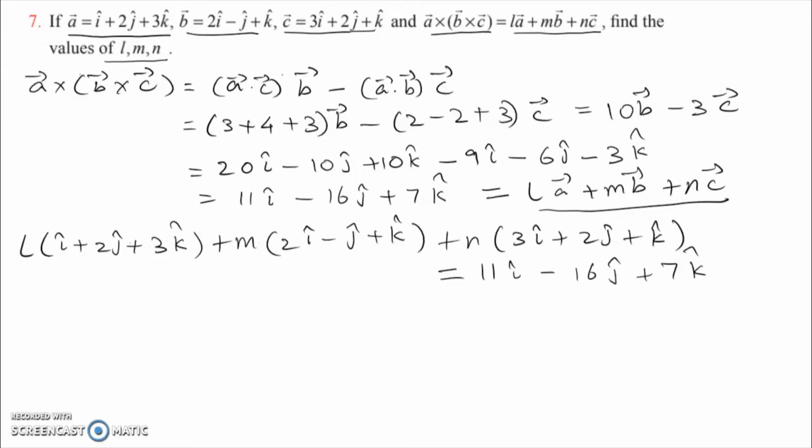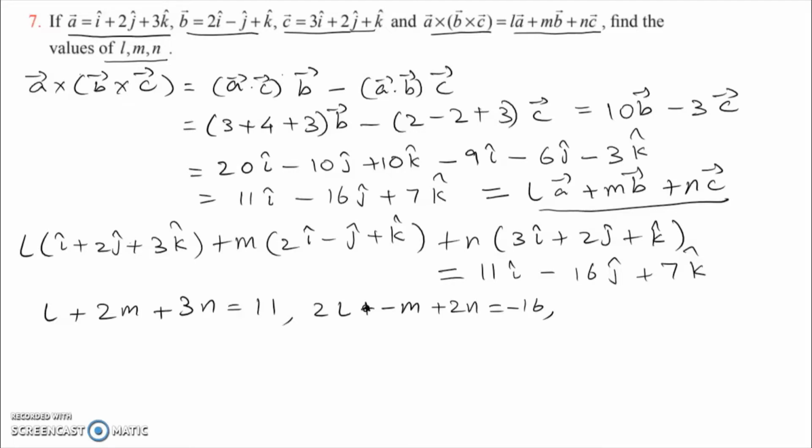So we can say that taking the coefficients of I from this equation, L plus 2m plus 3n is equal to 11. Similarly, taking the coefficients of J, 2L minus m plus 2n is equal to minus 16.